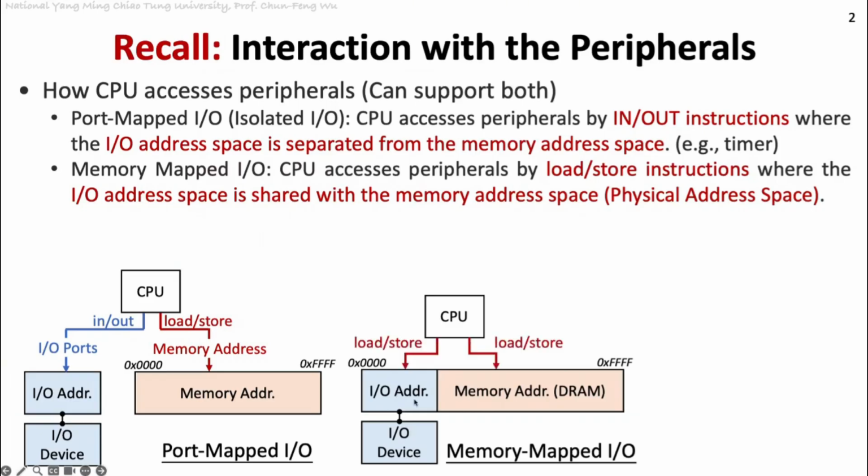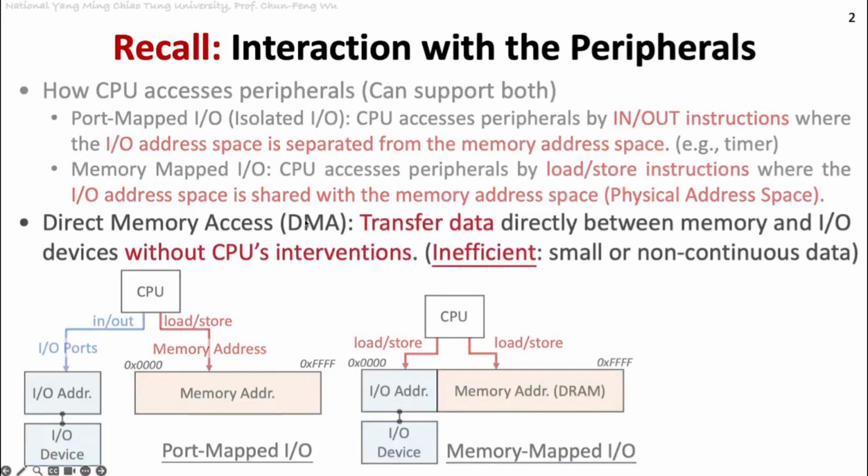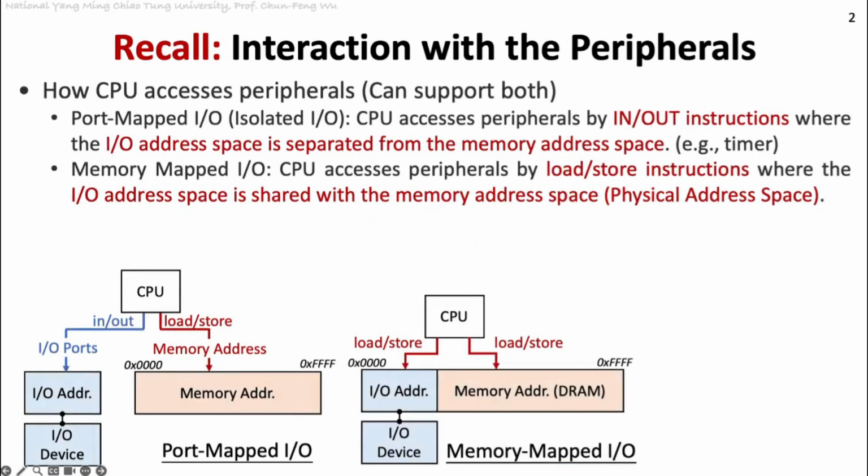The good thing is that the CPU can use load and store instructions to access the I/O address or memory address because they share the same address space. And we don't really need another instruction set here.